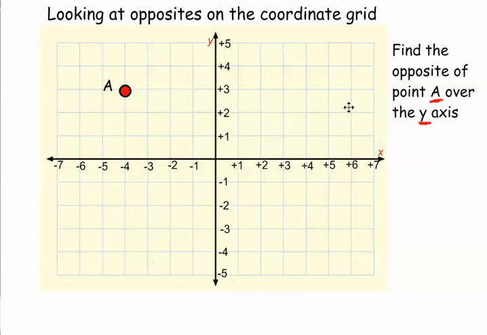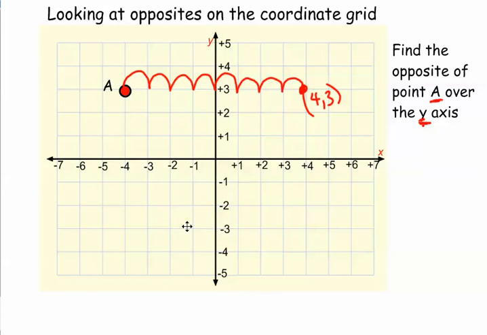In this case, since I'm looking at the y-axis, it would be the same distance from the y-axis. So if you see this, this is 1, 2, 3, 4 away from the y-axis. So its opposite must also be 1, 2, 3, 4. So that is the point. So that would be at 4, 3. Okay, did you understand that one?